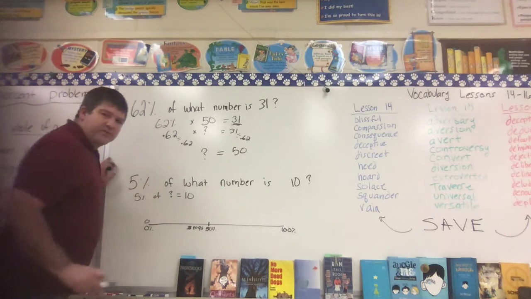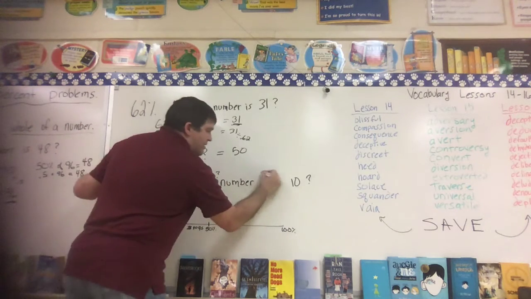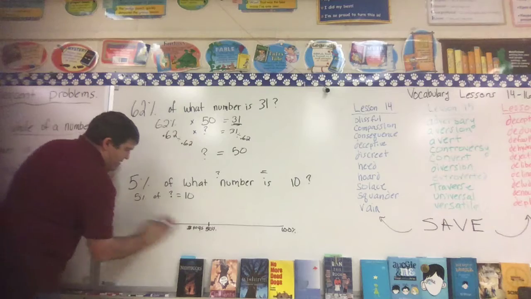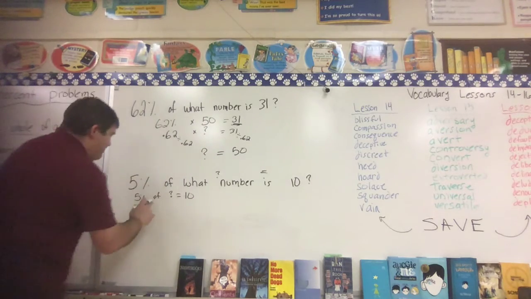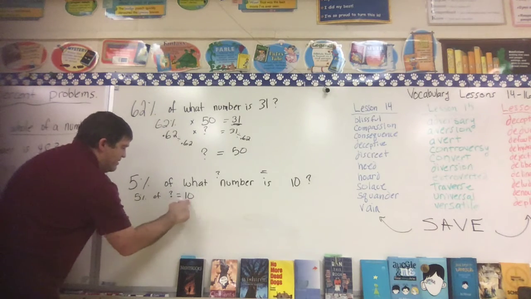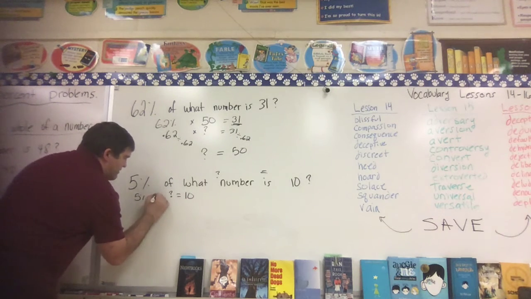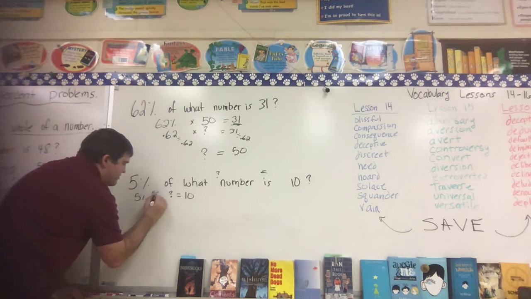If you get to a question that says 5% of what number equals 10, okay? This will be our last one we do. So 5% of question mark equals 10. So that is times, or I'm just going to use a dot for multiplication.